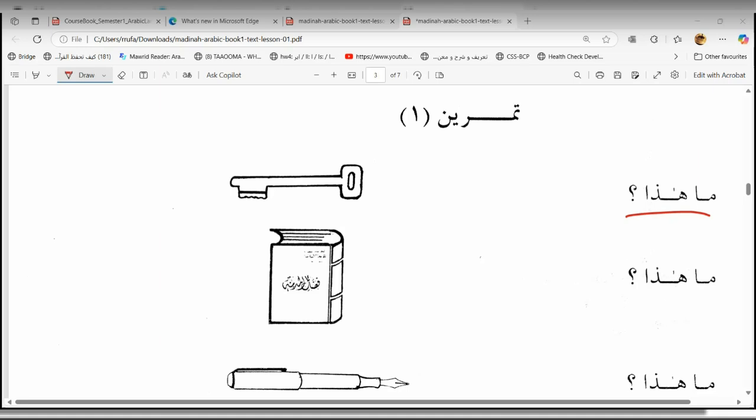So the word for key is miftah. So how would you answer this? Can you please repeat the miftah.